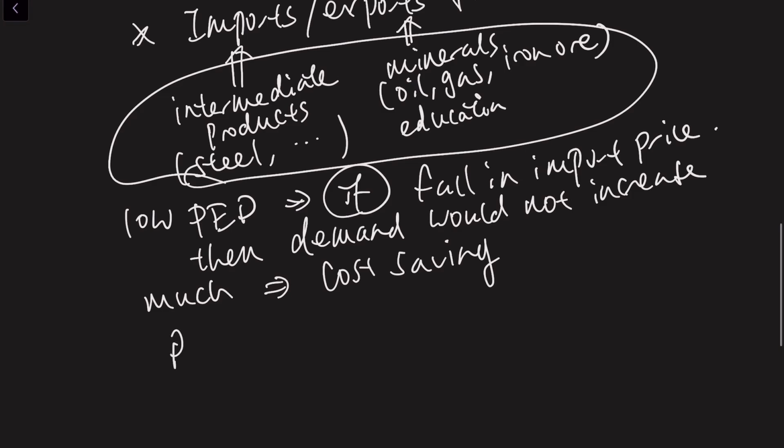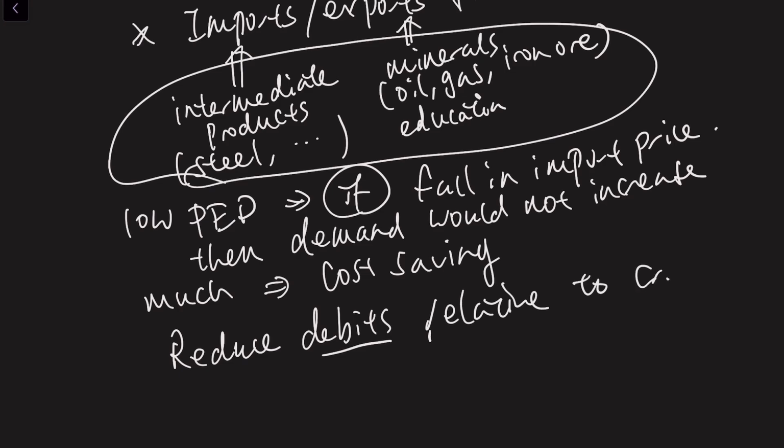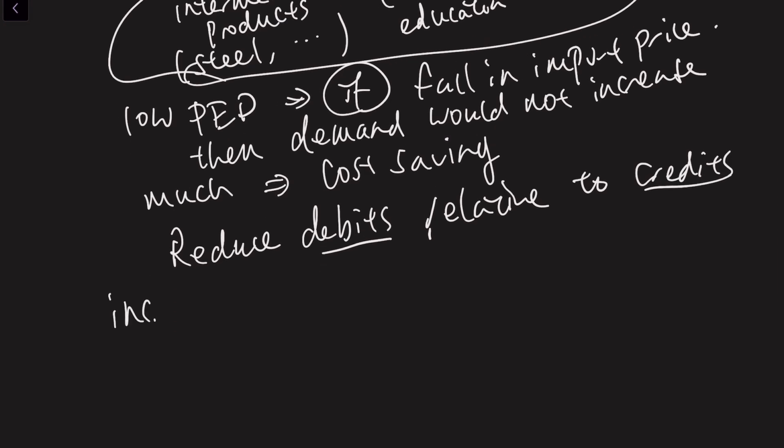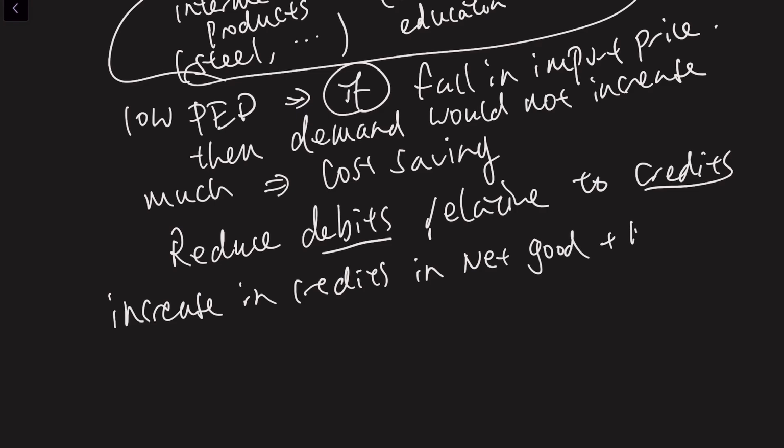So this would reduce, in other words, reduce debits relative to credits. Remember, debits is money going out, credit money going in. Since you are spending relatively less money on imports, you are reducing debits relative to credits. So more money is actually coming in. So this would cause increase in credits in net good and net services channel of the current account.